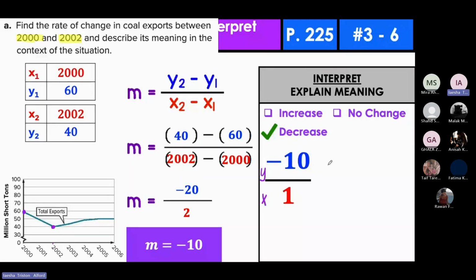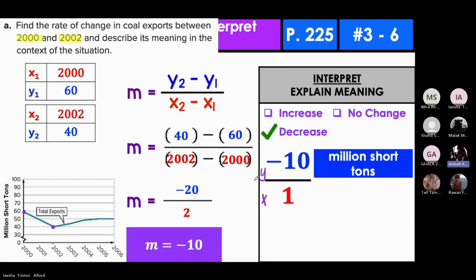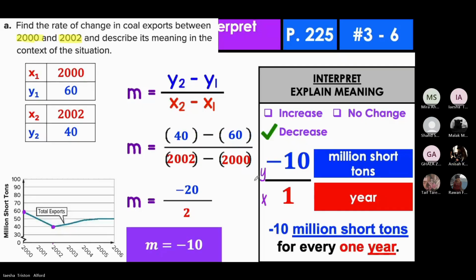So what word for y? Million short tons. Good. And what is the x word? Years. What's the sentence? -10 million short tons in each 1 year. -10 million short tons for every 1 year. Fine.